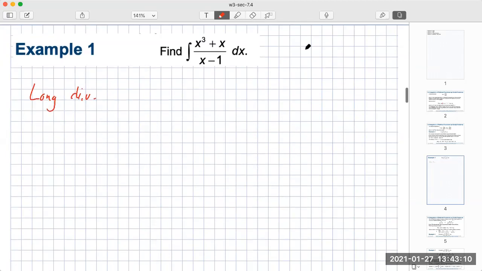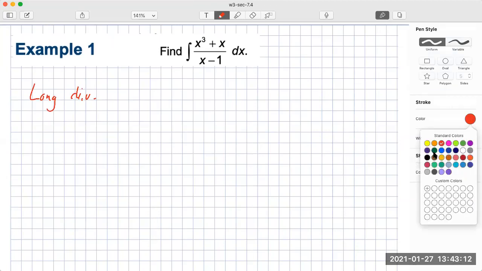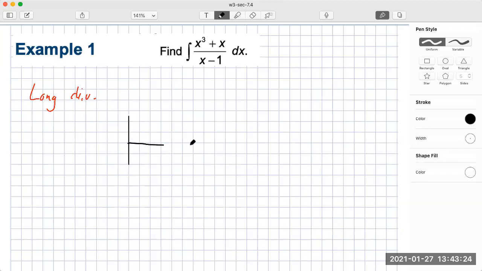It's like dealing with numbers. If you don't remember, let us do it together. Suppose we want to divide x cubed plus x by x minus 1.